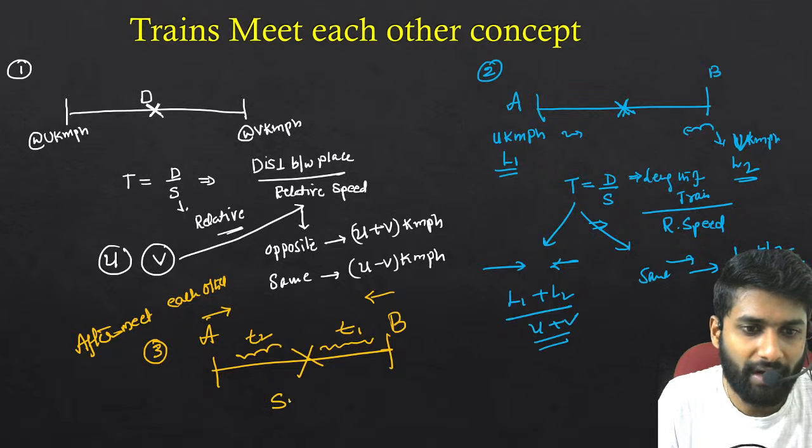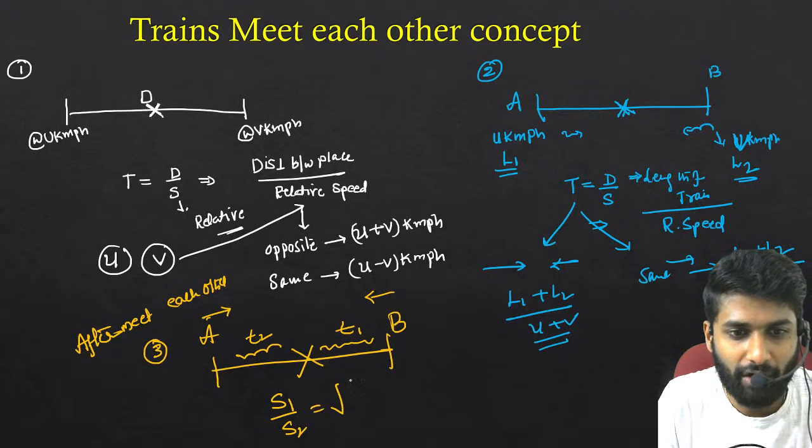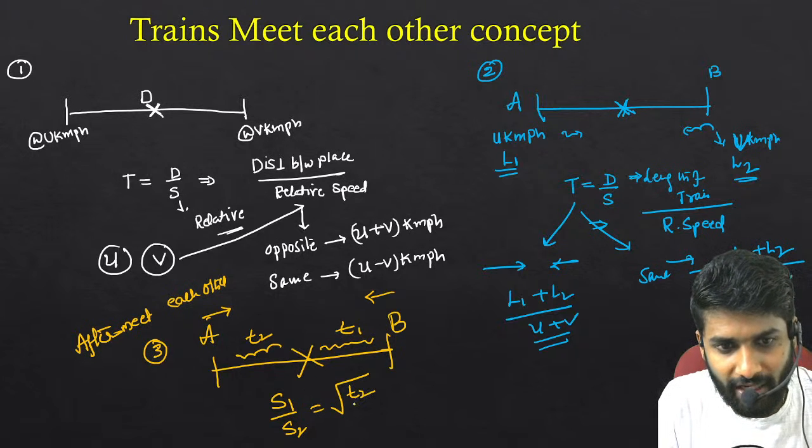Then my question: what is the speed ratio? The speed ratio is exactly equal to the square root of T2 by T1.